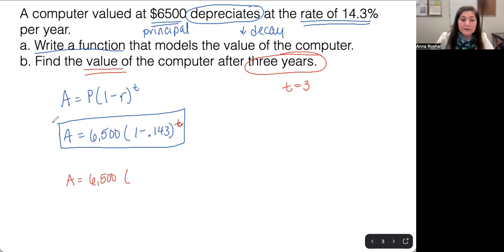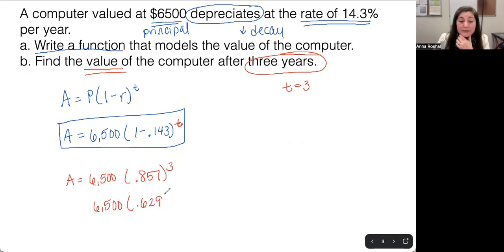When you are asked to, I'm going to do this math here on the calculator, off to the side. So this is going to be 0.857 to the third power. Let's take that to the third, and that's going to be, yikes, a crazy number.